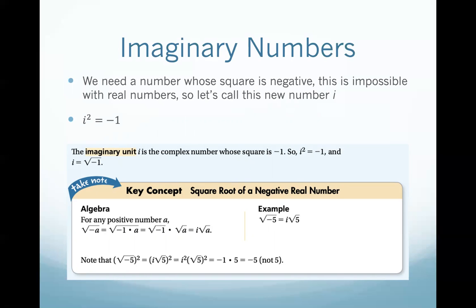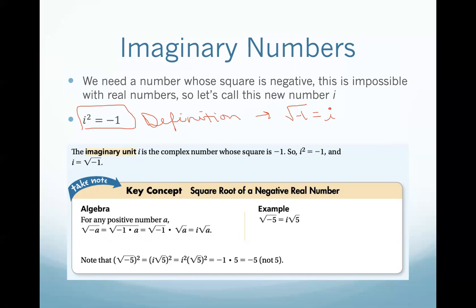So the definition of an imaginary number is that i squared is -1. And the side effect of that definition is that we find that the square root of -1 is i. So we defined i so that its square is -1, and that way, when we take the square root of -1, we can call it i.